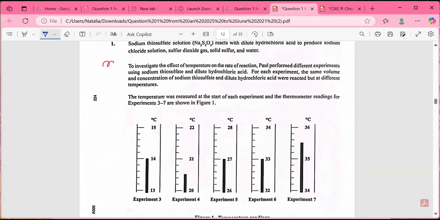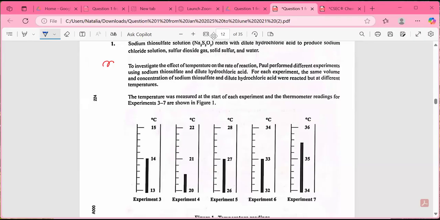To investigate the effects of temperature on the rates of reaction, Paul performed different experiments using sodium thiosulfate and dilute hydrochloric acid. For each experiment, the same volume and concentration of sodium thiosulfate and dilute hydrochloric acid were added, but at different temperatures.